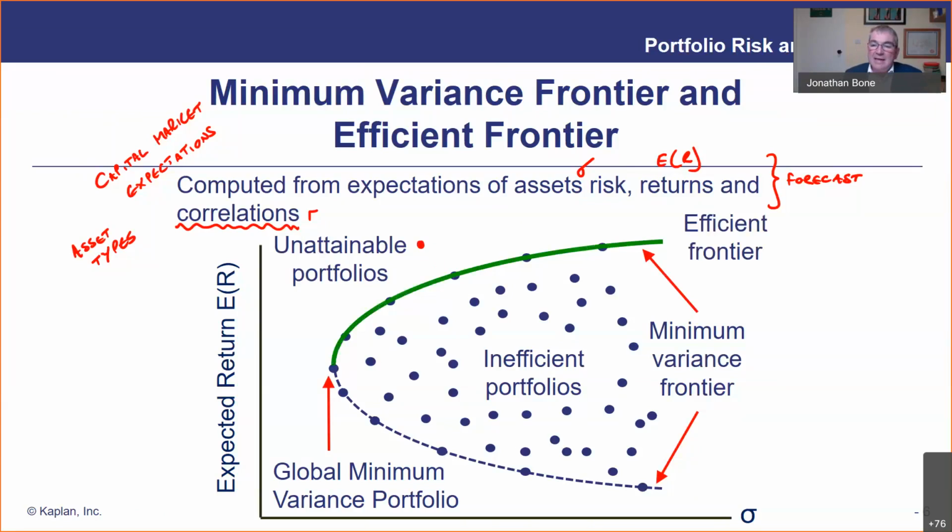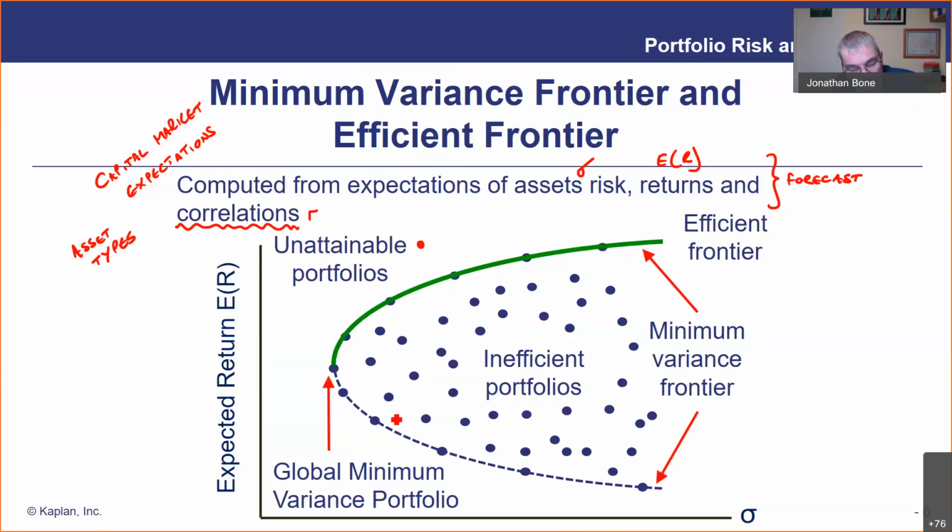Lovely. Okay, so I've now got this green line that I've put on here. This is known as the efficient frontier. Okay, and when we say efficient frontier, we're talking about Markowitz's efficiency. Markowitz said investors would only ever choose risky portfolios that lie on the efficient frontier.